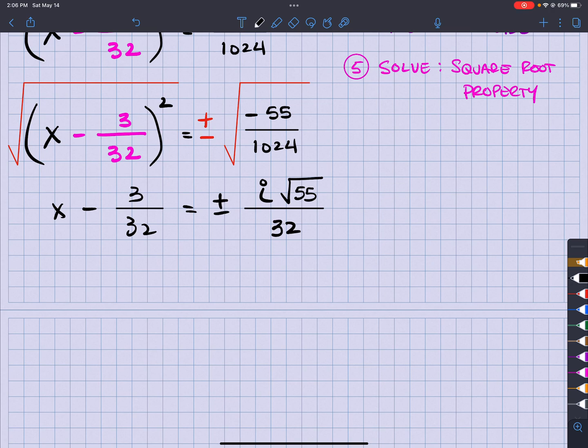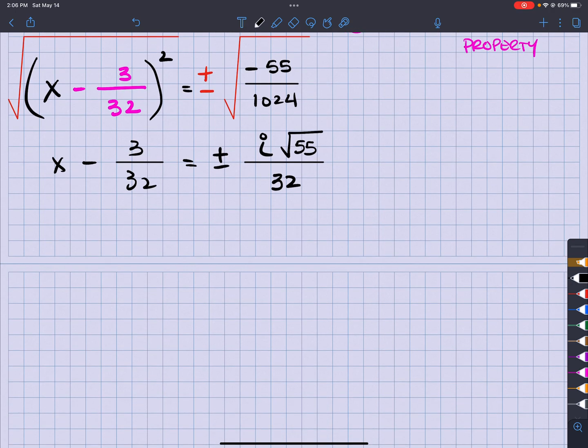All right, with that being said, I still gotta solve for x. Well, that means x is gonna equal my 3 over 32 plus or minus the i square root of 55 over 32.